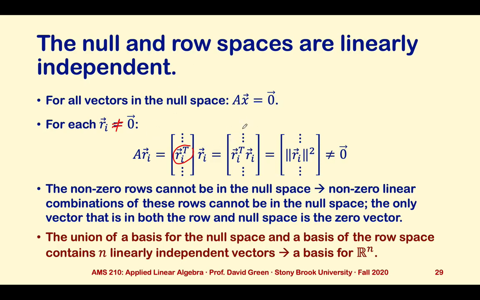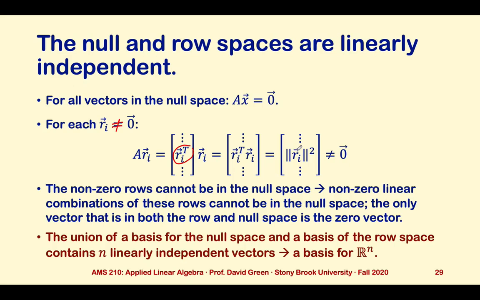Well, I don't know what it would give us on the other rows above or below, but I know that for this particular entry in the product, it would be multiplying all of the entries of Ri against all of the elements of Ri, adding them together. The sum of the squares of the entries of Ri, which is simply the square of the norm of Ri.